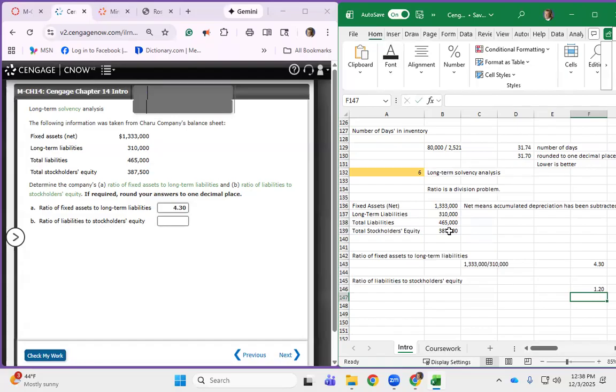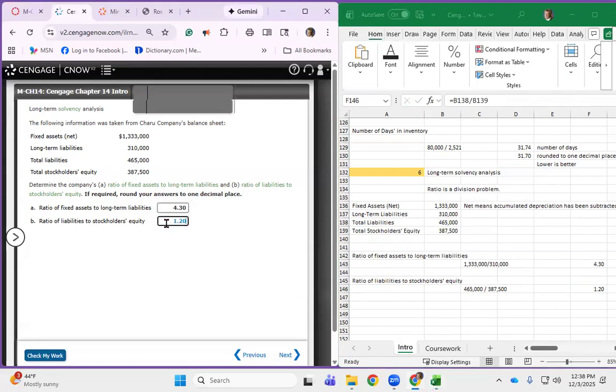Each of those is a part of the second half of the balance sheet. One is being used as the numerator and one is being used as the denominator. So our liabilities are 465,000 divided by 387,500. That's how that number came about.